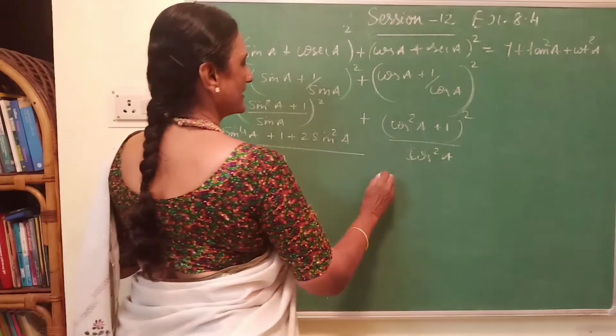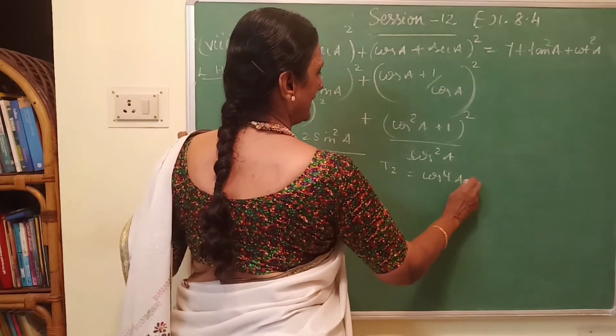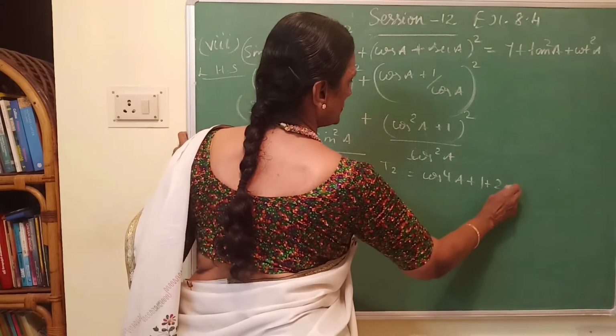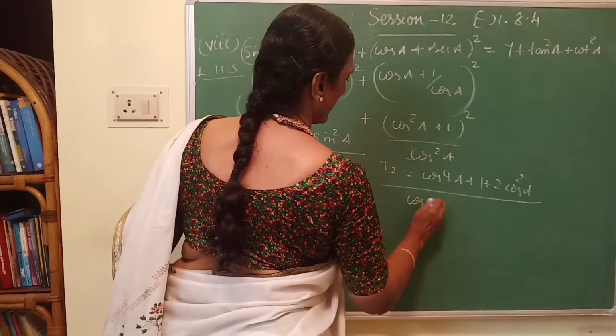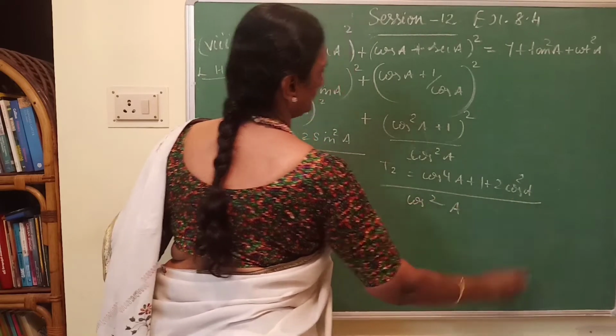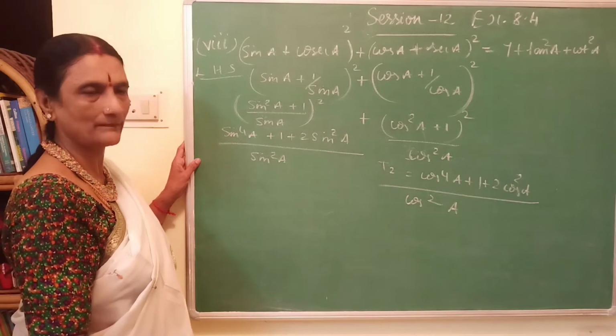I will get T2 as cos raised to 4A plus 1 plus 2 cos square A divided by cos raised to 2, that is cos square A. That's how the terms get simplified.